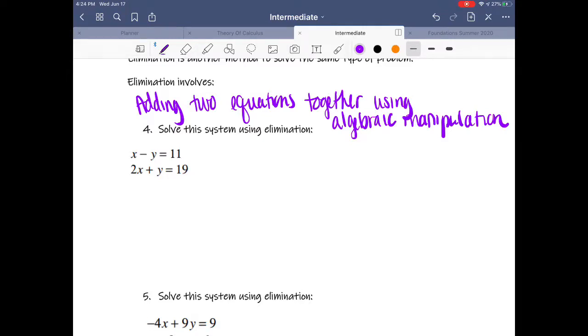The reason why I want to use elimination is, if you'll notice, we have a negative y and a positive y. If I were to add those two equations together, let me line them up.